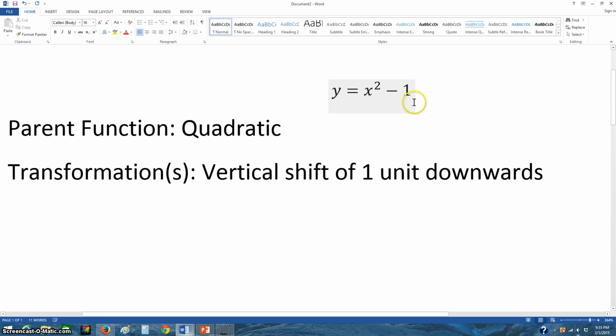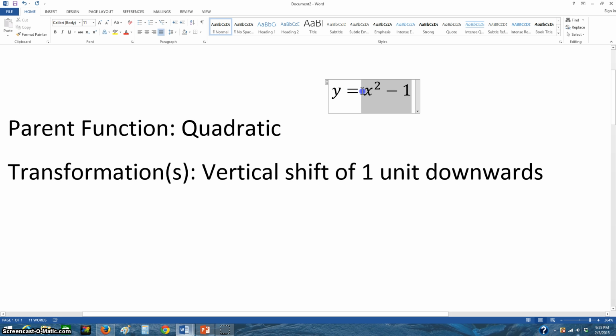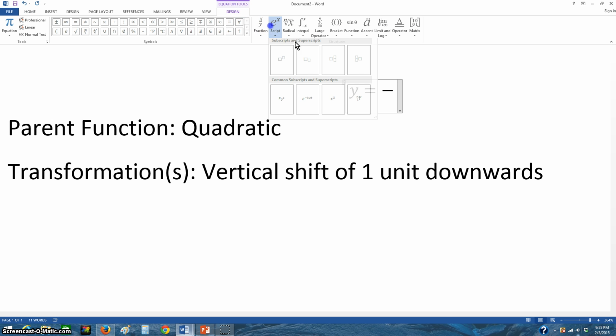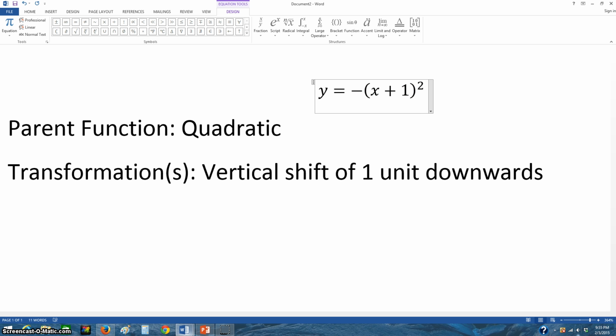Okay, now we're going to have a different equation. So we have y equals negative, x plus 1 squared, and plus 1.